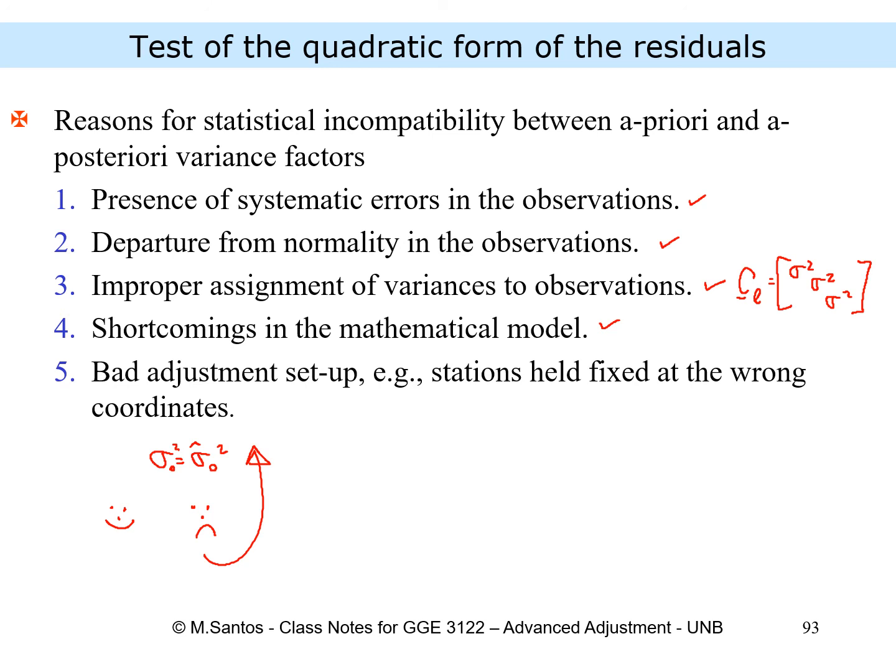We are only going to rescale covariance matrices if we don't know the a priori variance factor, and that means our matrices may not have been properly scaled. So pay attention to that.